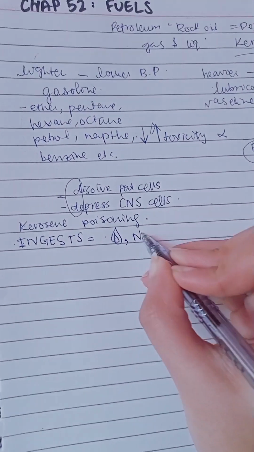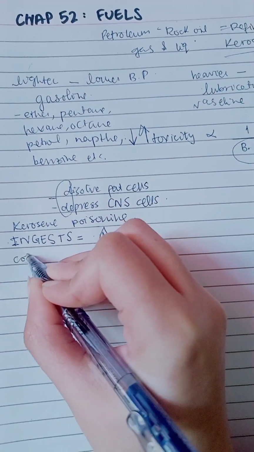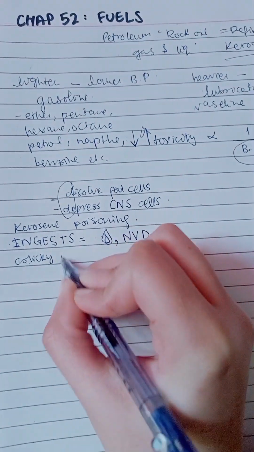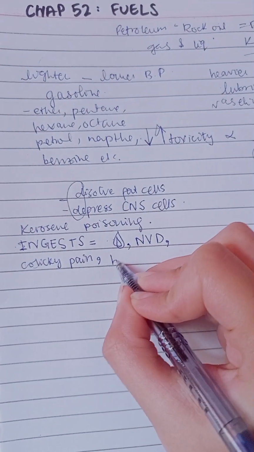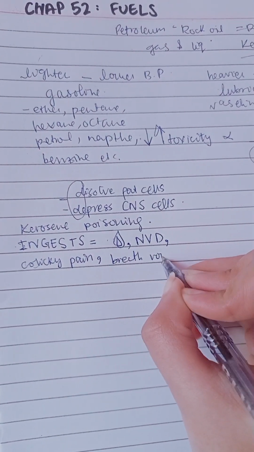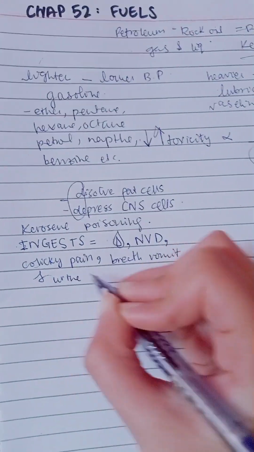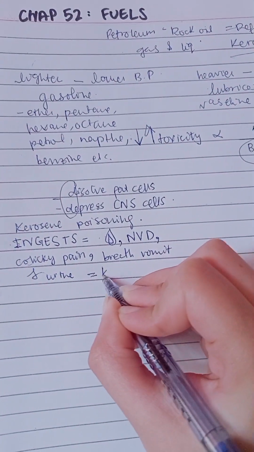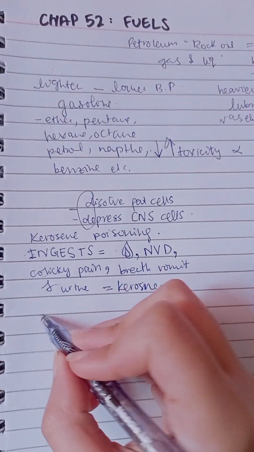The typical signs of nausea, vomiting, and diarrhea, colicky pain, also the breath, vomit, and urine of the patient will smell like kerosene, which is a very obvious sign.